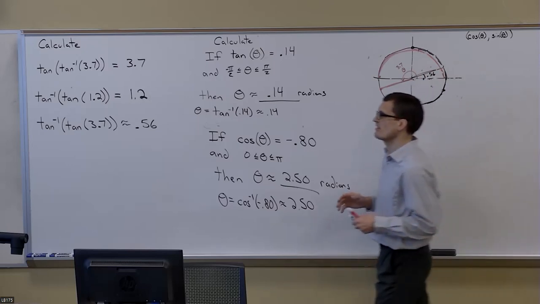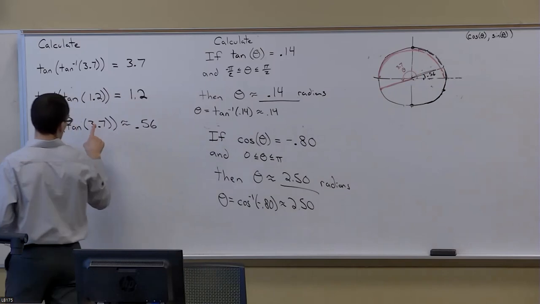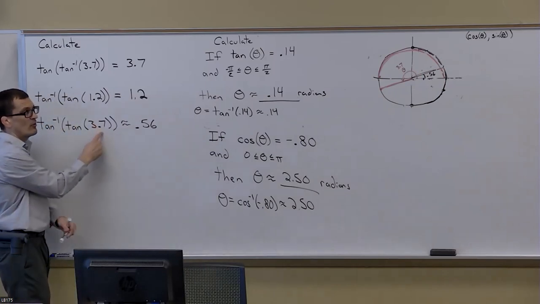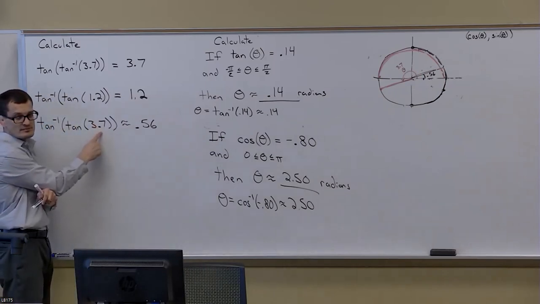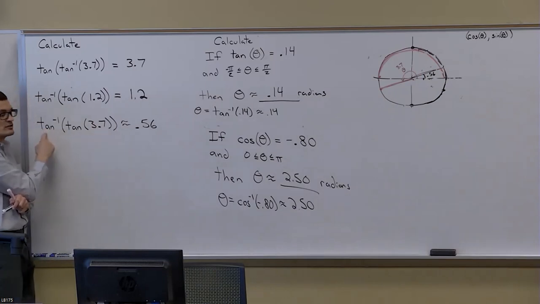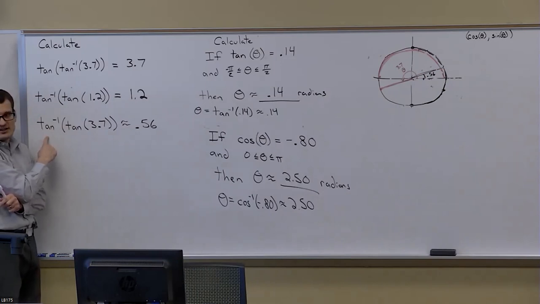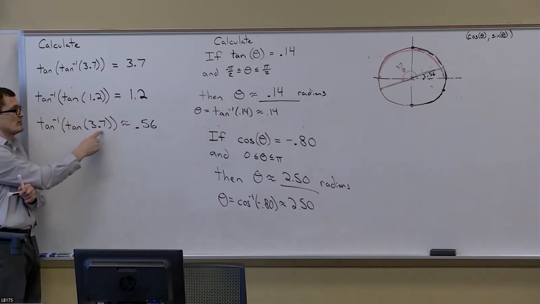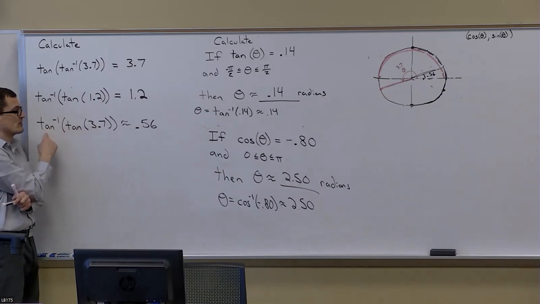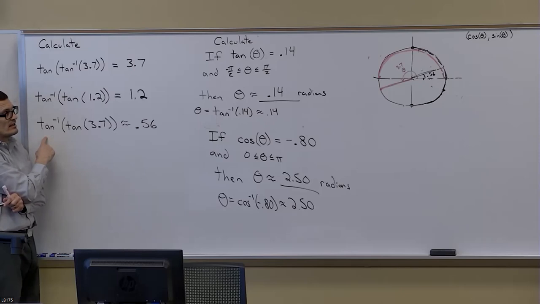But the key thing there is that this starts in a quadrant for which inverse tangent does not spit out a value. 3.7 is in quadrant 3, and inverse tangent is only going to spit out angles in the first and fourth quadrant.